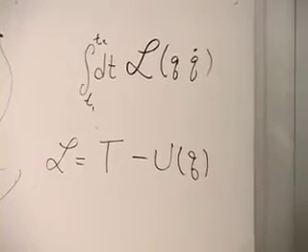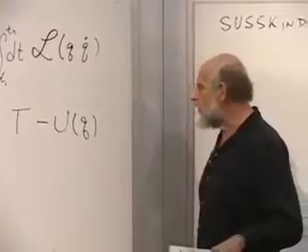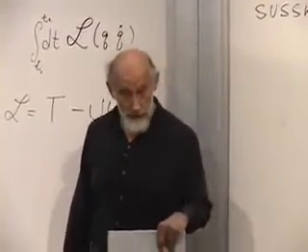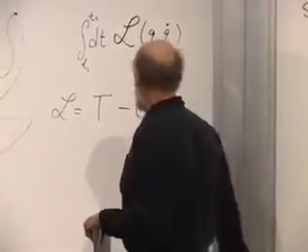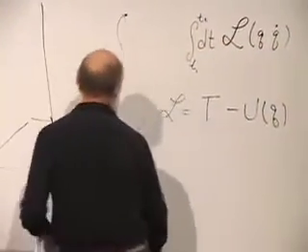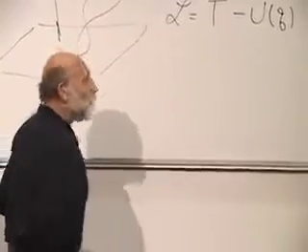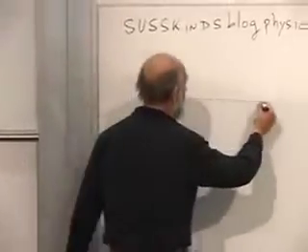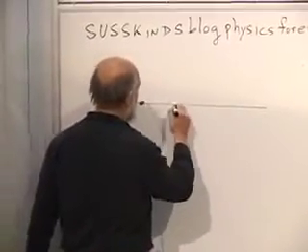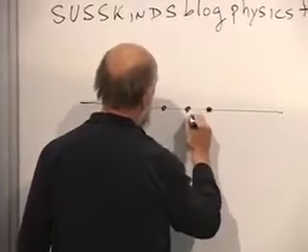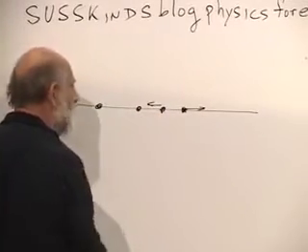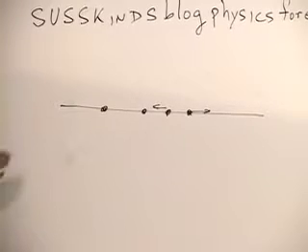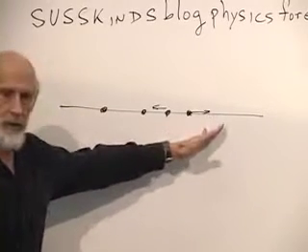The simplest systems that we can think about, particles moving and so forth, the kinetic energy as a rule depends only on the velocities. And so, for example, if the Q's represented points moving on a line, let's imagine points moving on a line, a whole bunch of them. Some are moving this way, some are moving that way, and so forth. Then the Q's would simply stand for the positions of the points along the line.